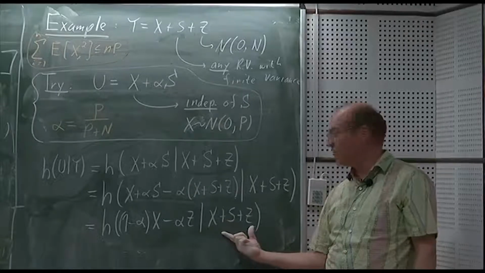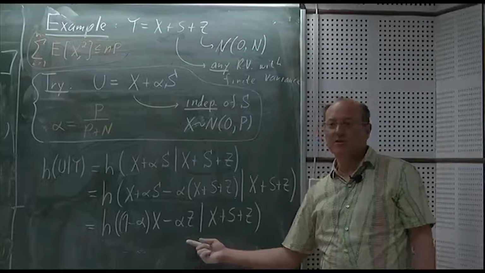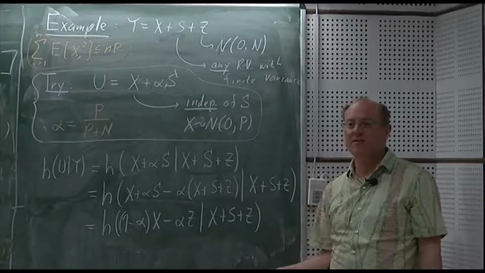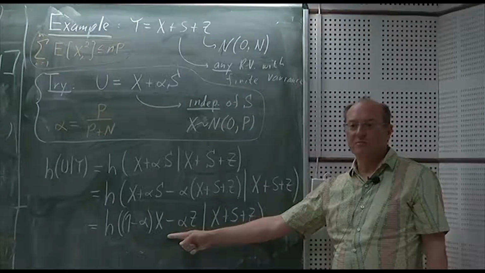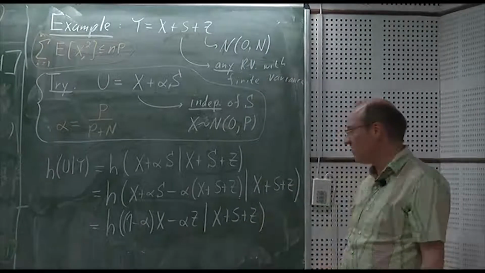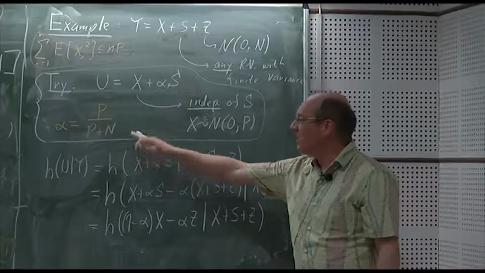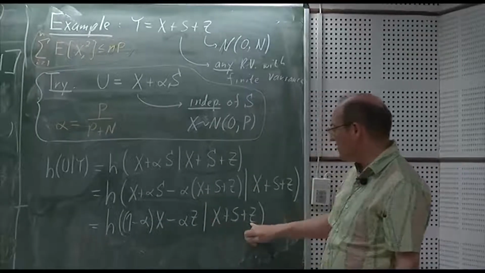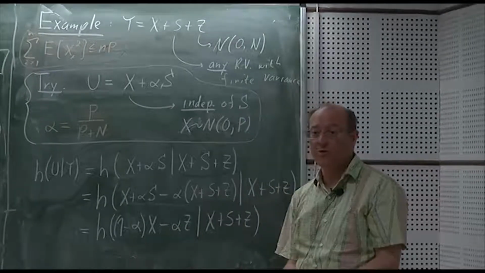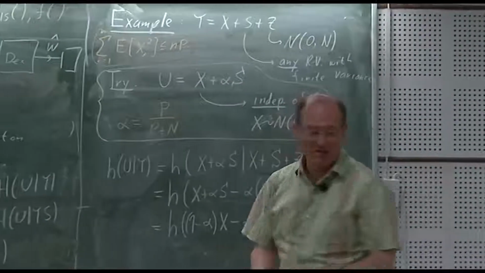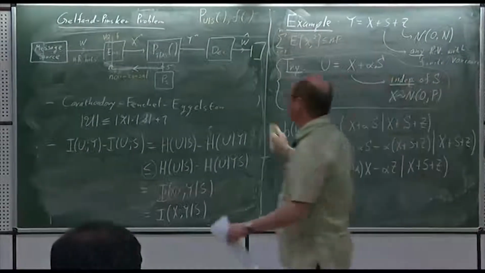So x and z are jointly independent of s, and here we have only linear combinations of x and z, so certainly s is independent of everything else here. As long as I get x plus z independent of what's in here, I'm fine. So let's see if we can prove that x plus z is statistically independent of what's in front here. Because these are all Gaussian, x is Gaussian, z is Gaussian, so x plus z is Gaussian, and this is also Gaussian, we just need to show they're uncorrelated. Let's check if they're uncorrelated, and you'll see that's why I made this choice, to make them uncorrelated.